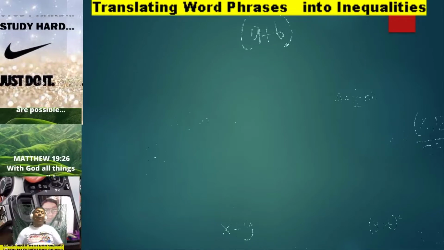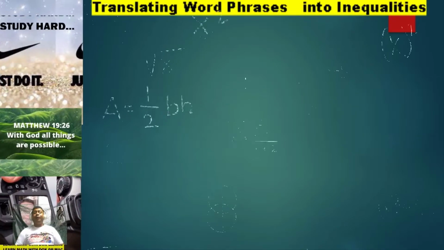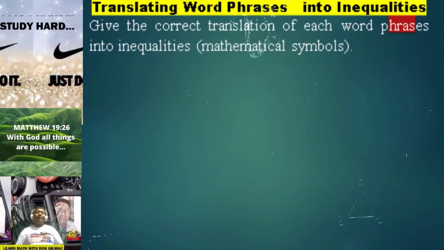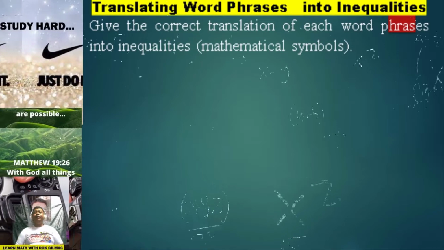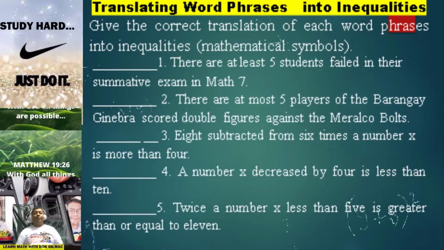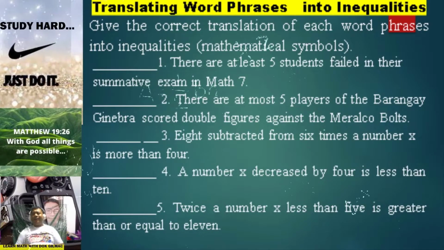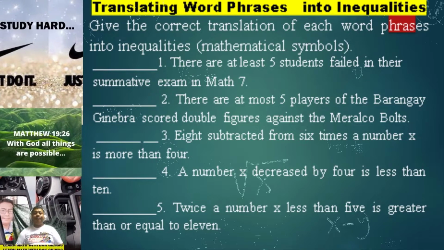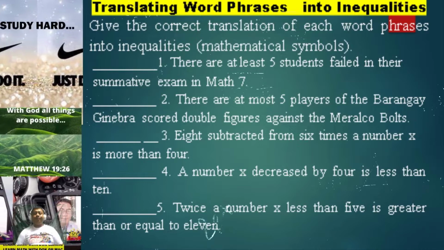Consider translating word phrases into inequalities. Give the correct translation of each word phrase into inequalities. Number 1. There are at least 5 students failed in their summative exam in Math 7.